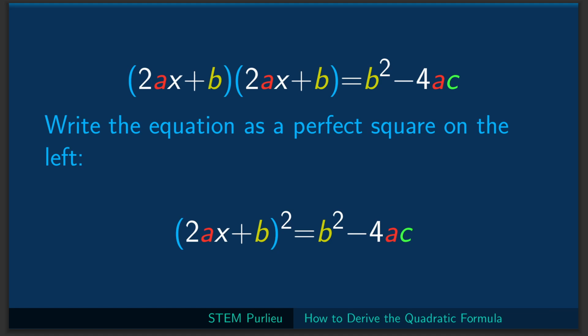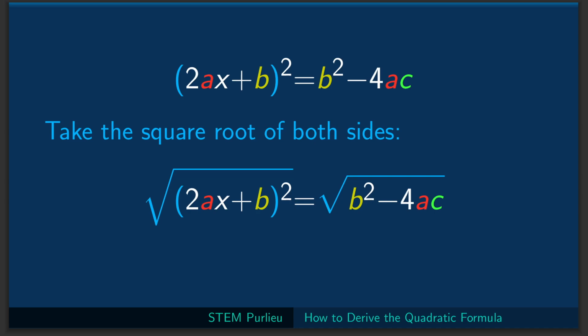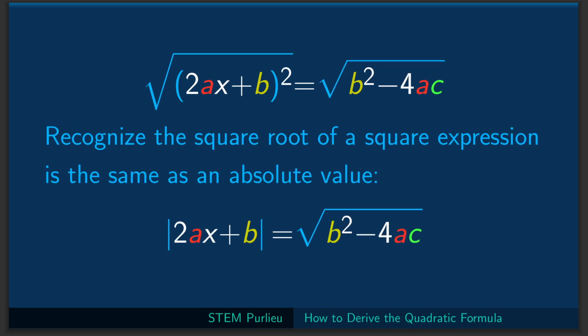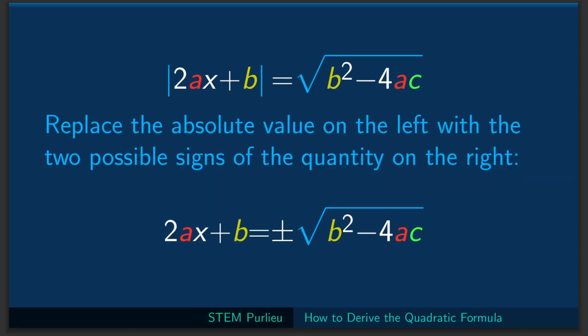We rewrite the term on the left as a perfect square and then take the square root. When we take the square root of a perfect square, we get an absolute value sign. Then we're able to put a plus minus on the right hand side and get rid of the absolute value. Therefore, we have 2ax plus b equals plus or minus the square root of b squared minus 4ac.